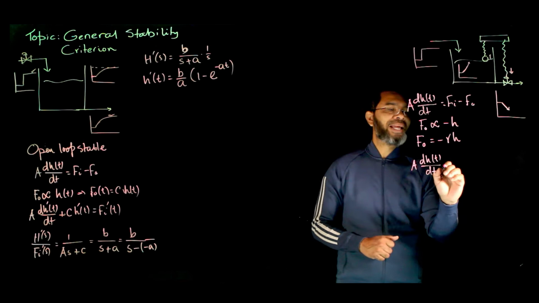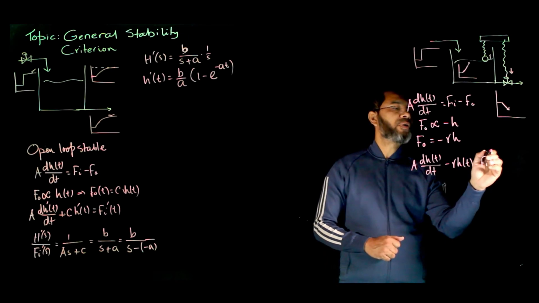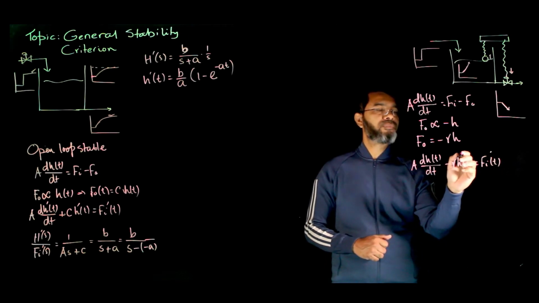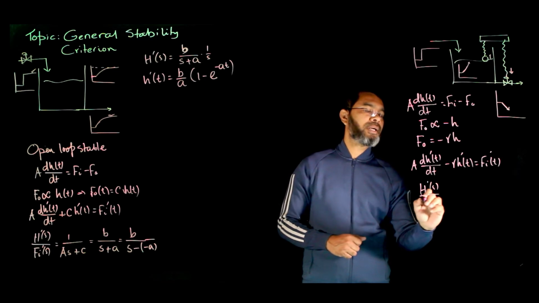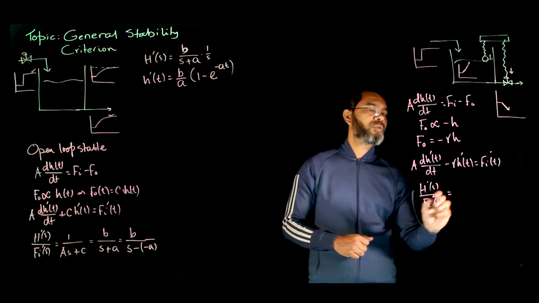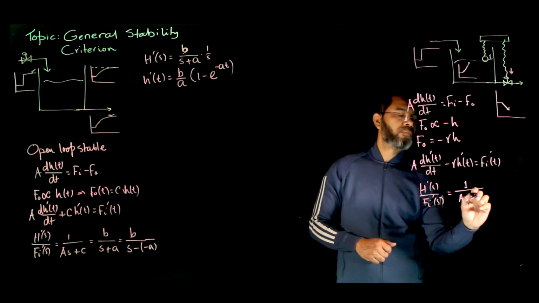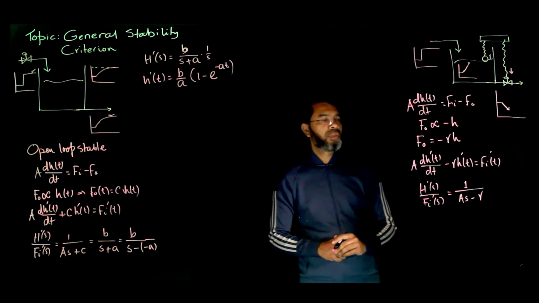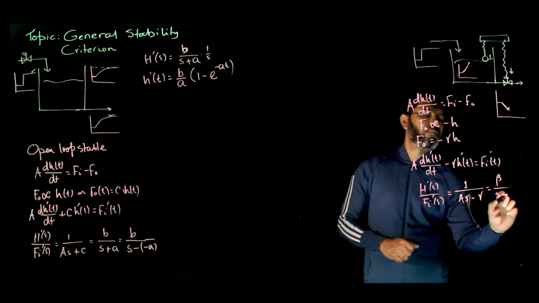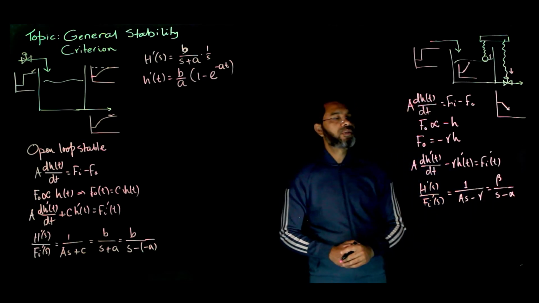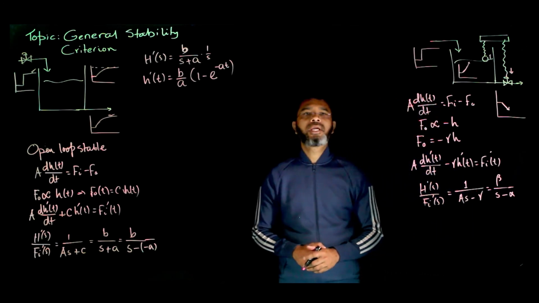We'll have negative gamma H, plus F. So if we use the deviation form, we'll get the same equation, and the transfer function will be H(s) over F prime will be minus gamma, which I can write as beta over s minus alpha, where beta equals 1 over A and alpha equals gamma over capital A.